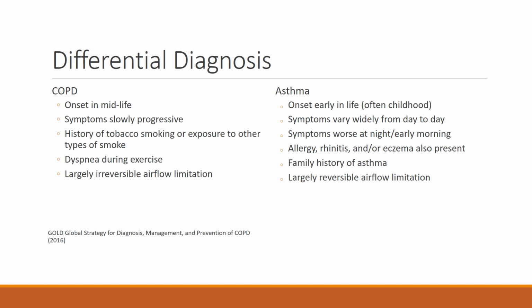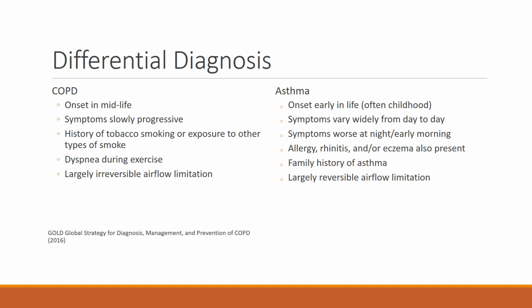With COPD, you're going to have that history of tobacco smoking or some type of smoke. You're going to have a lot of dyspnea during exercise because the lungs just can't fill up with air and do the proper air and blood exchange. And like we said, it's largely irreversible.